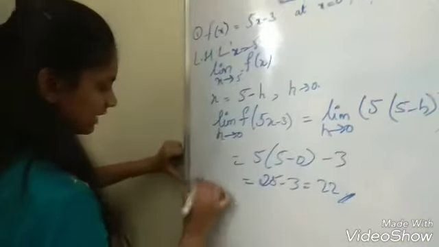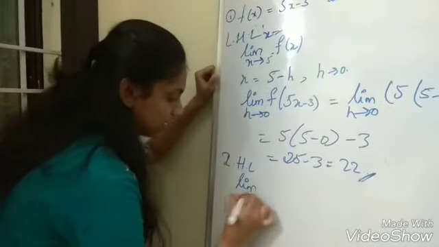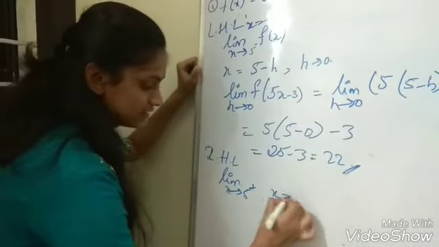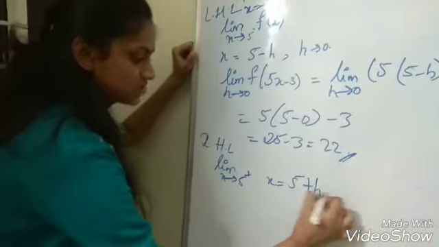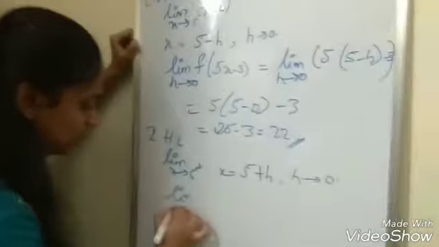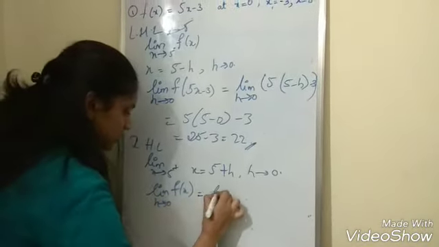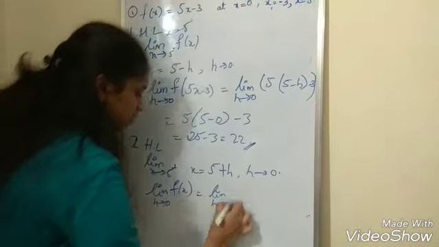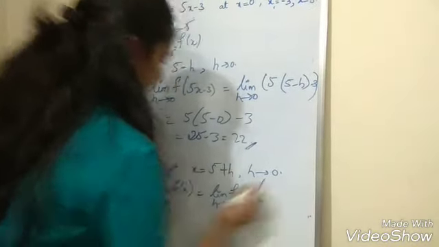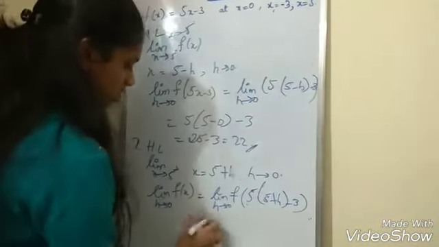So let's check its right hand limit. Limit x tends to 5 positive. The value of x is here 5 plus h, and h is tending to 0. So limit h tends to 0 f of x, which is equal to limit h tends to 0 f of 5 into x value, 5 plus h, minus 3.